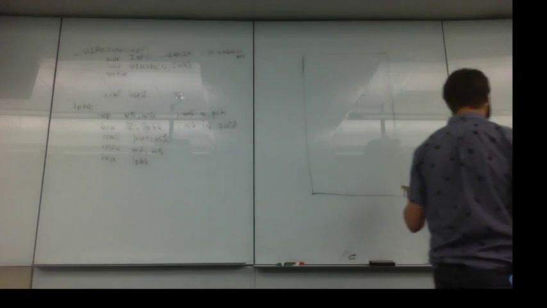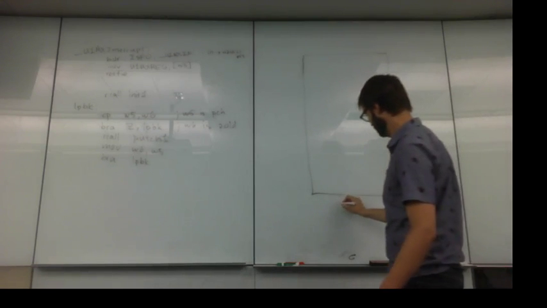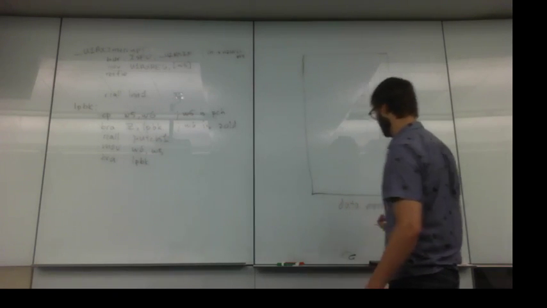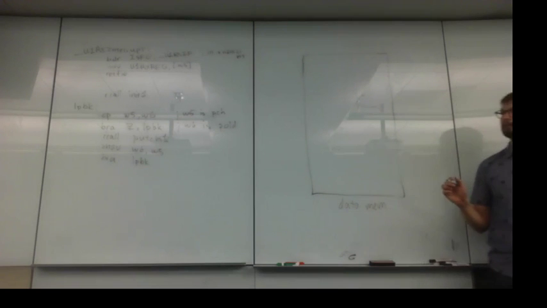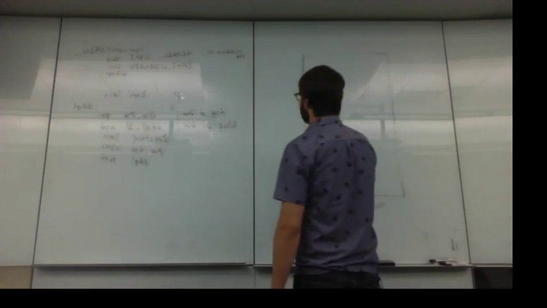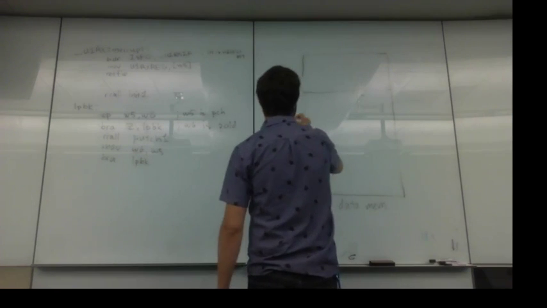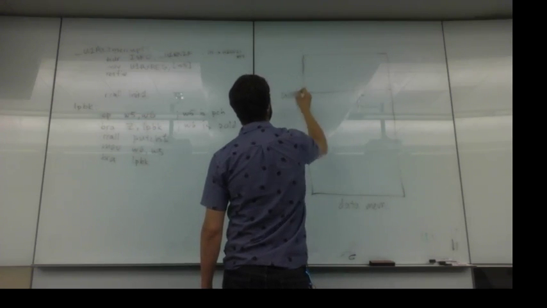So how many bits wide is this? This is data memory. It's 16. All right, so we didn't show initializing the stack pointer, but let's say it's at 0x800.